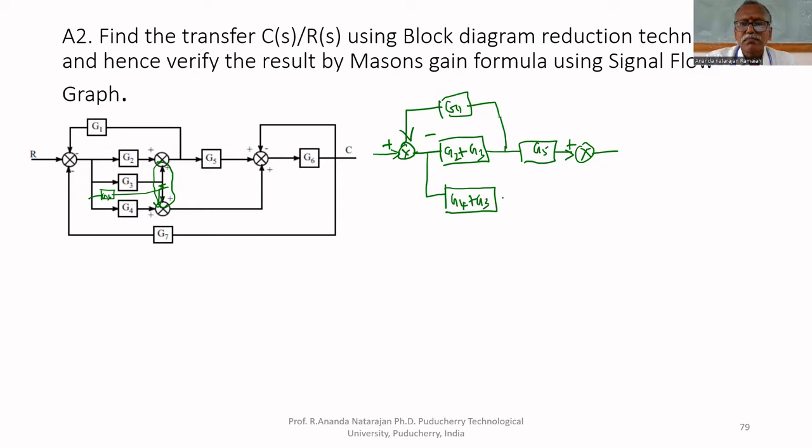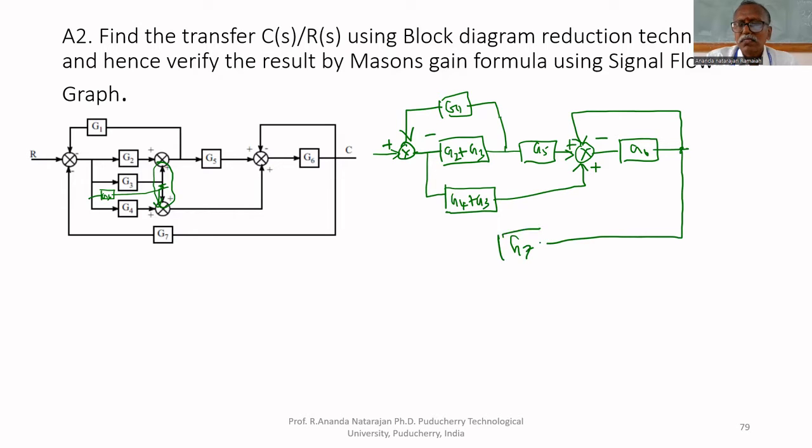G4 plus G3. But this is going to this junction. Then G6, G7, minus. That's all.